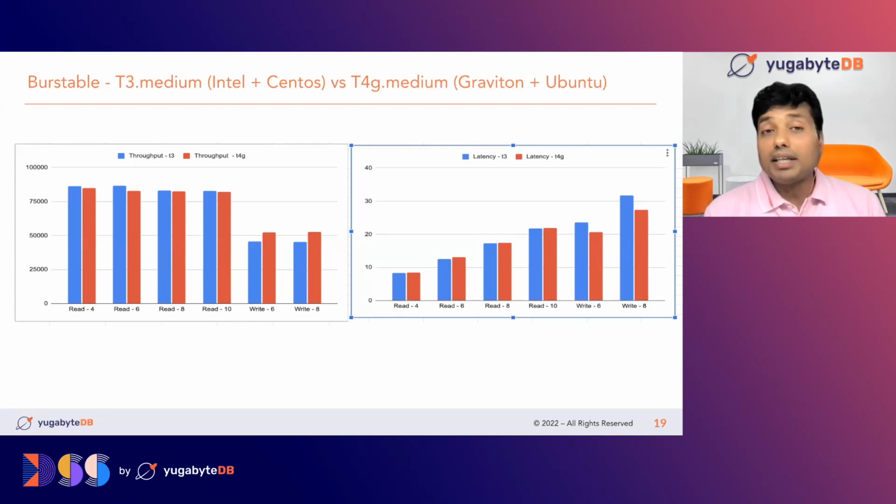When we compared T3 medium versus T4G medium, the results were pretty good. The read workload was more or less similar. With the write workloads, we were doing better. The latencies were also in the range we expected. These are pretty encouraging results from a Graviton and Yugabyte perspective, and this is what we were trying for. So I think we are where we wanted to be at the beginning of this exercise.